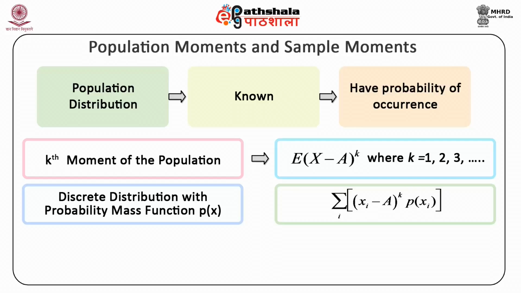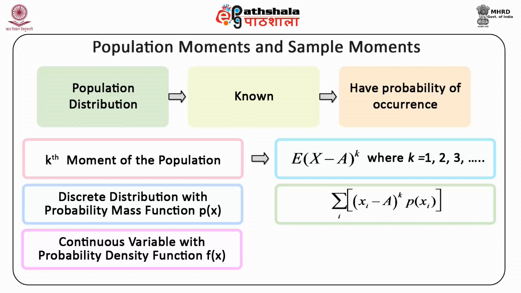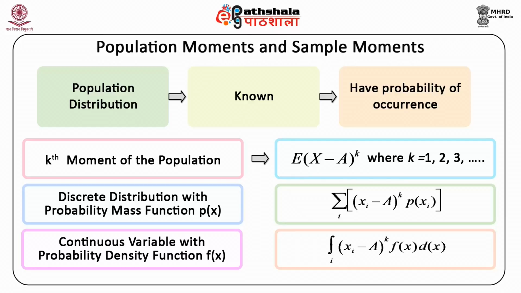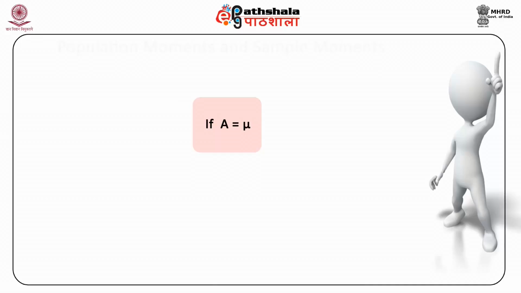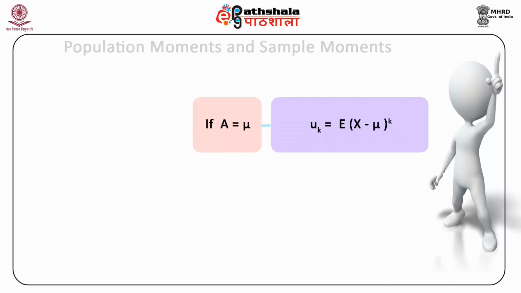In case the population is of a continuous variable with a probability density function f(x), then the kth population moment is the integral of (x minus A) raised to the power k into f(x) dx. If A is equal to mu, the mean of the population, then the kth central moment is obtained and is denoted by mu k, which is equal to expected value of (X minus mu) whole raised to the power k.